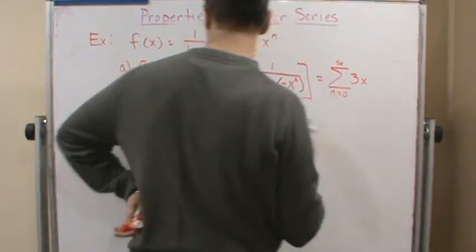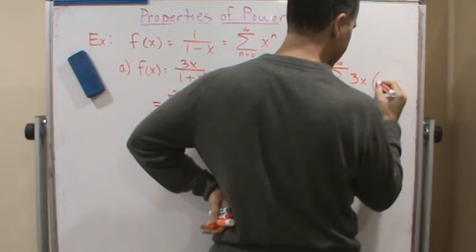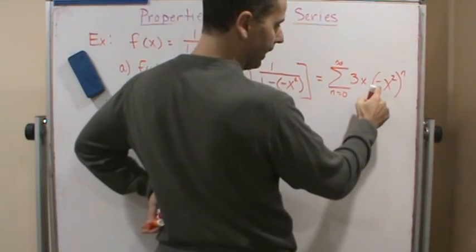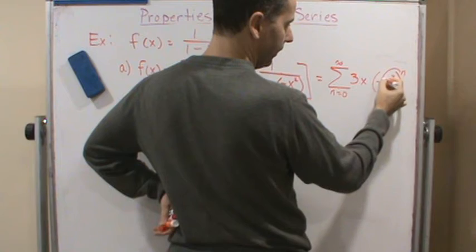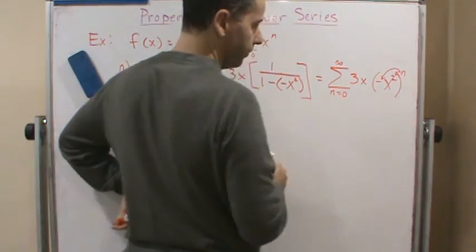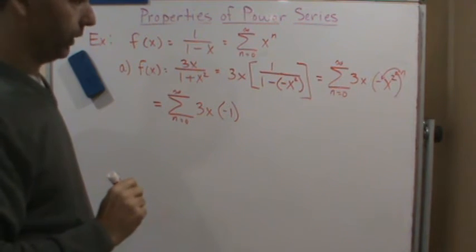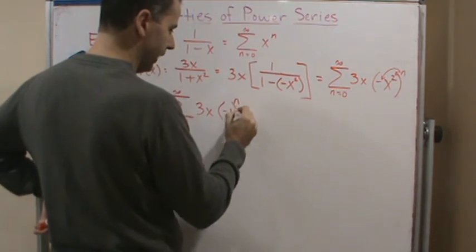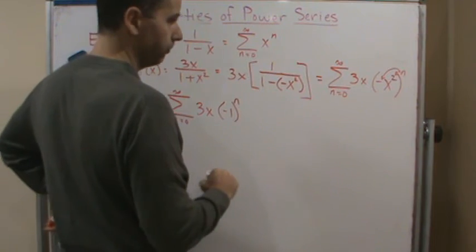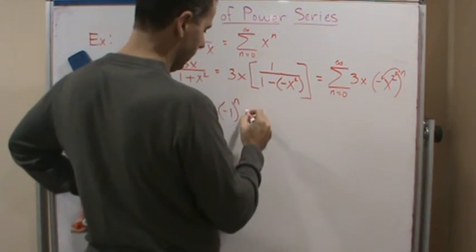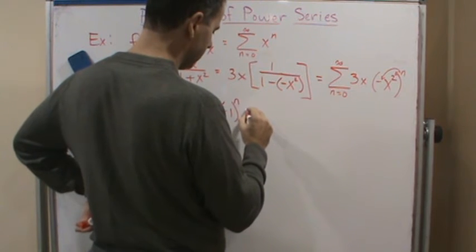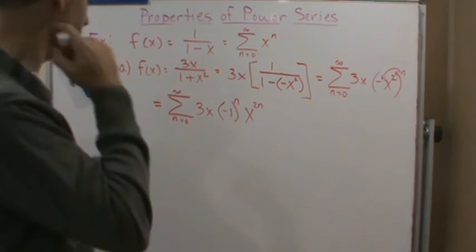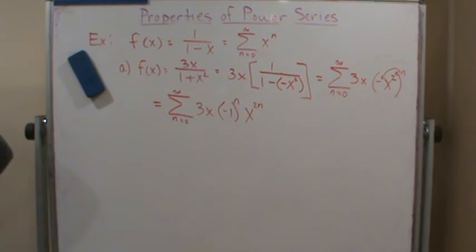Hold on, let's go back and do this one more step. This was negative x squared to the nth power. But I've got a negative 1 here, so I've got to distribute the n to the negative 1 and to the square. I was about to make a mistake there. So that should be negative 1 to the nth power, and then x to the 2n.